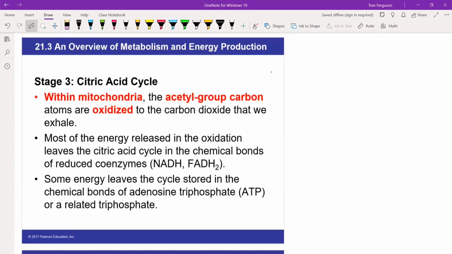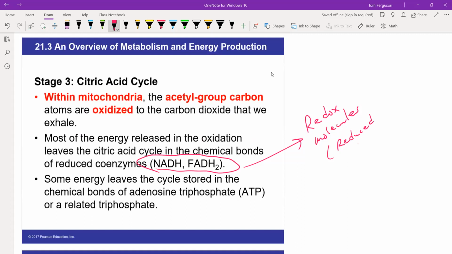Okay. There are these guys that are redox molecules. And this is the reduced form. For example, NADH, the oxidized form is NAD plus.